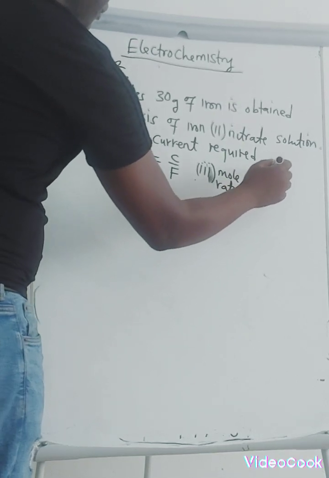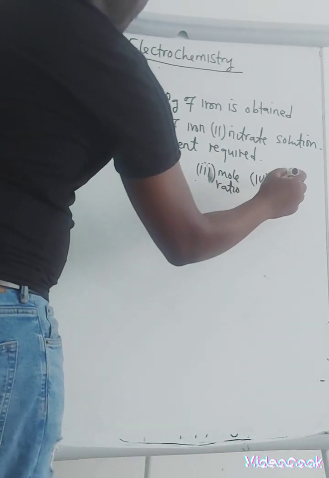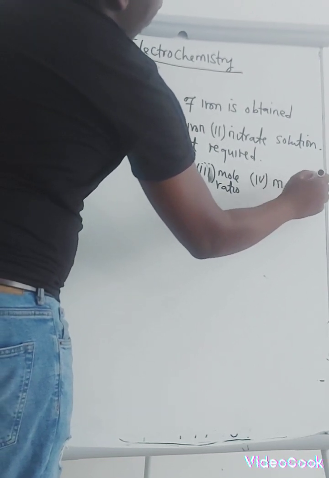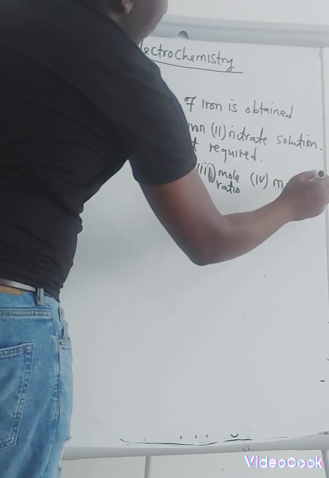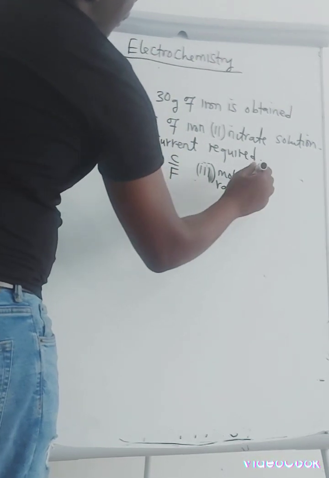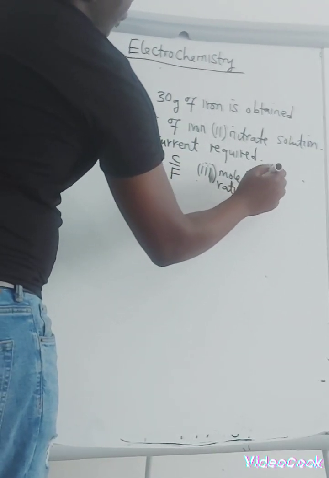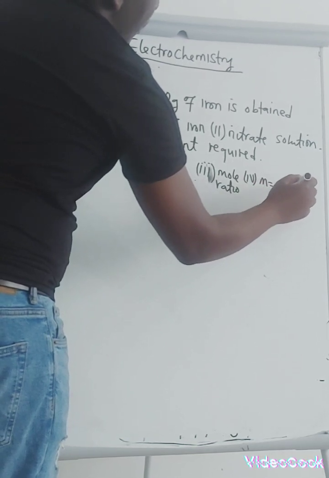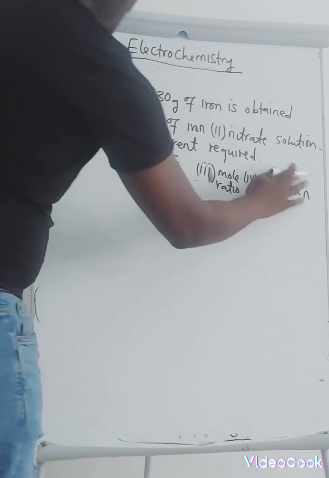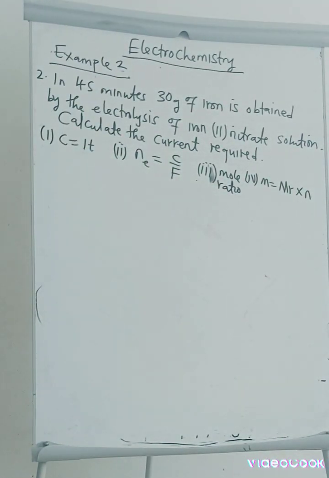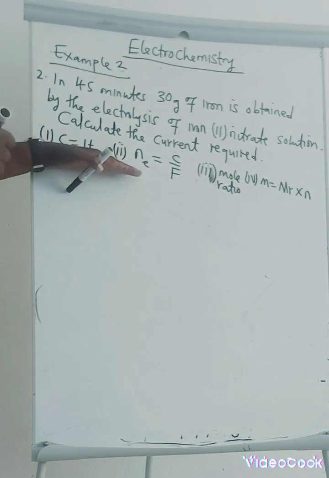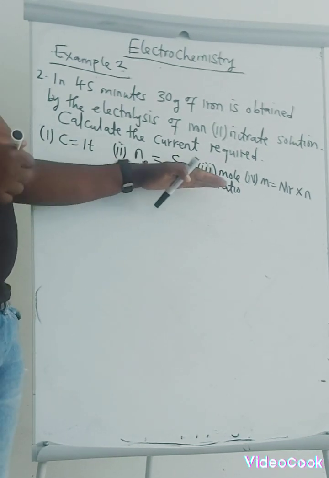Then our 4 is the mass, which is equal to Mr multiplied by number of moles. This is for getting the mass.